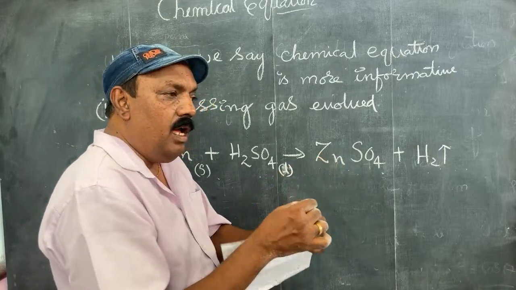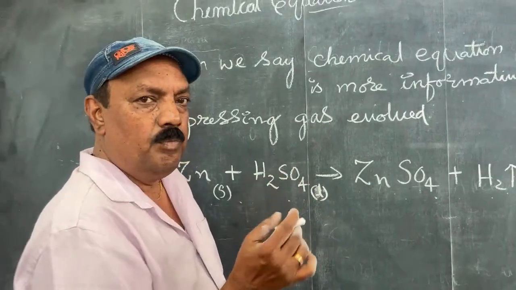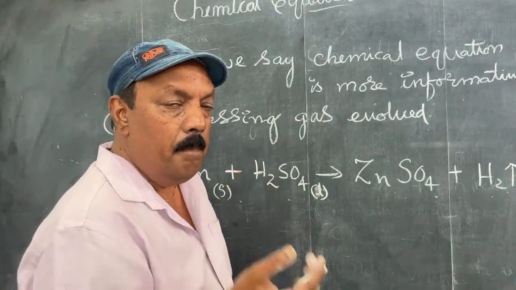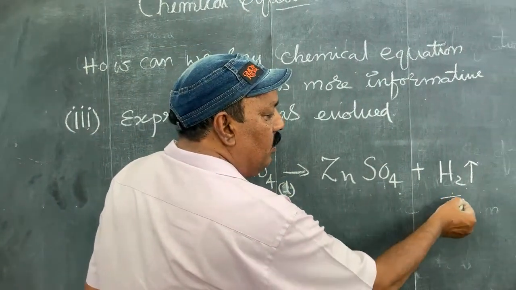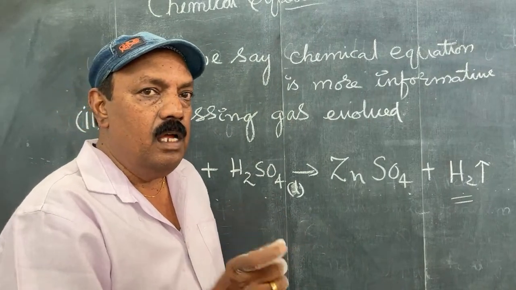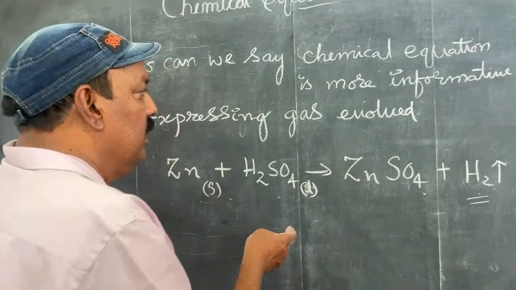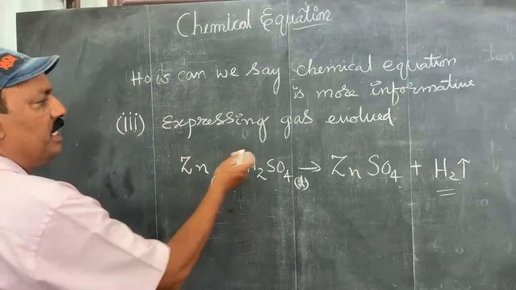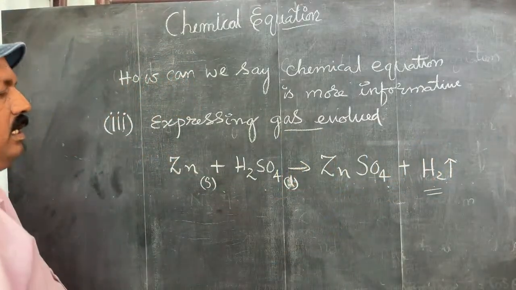The orange color flame is going to convert into blue color. Whenever it changes to blue color, with a pop sound, we can confirm that it is hydrogen gas. Only hydrogen gas can convert the orange flame along with the pop sound. So here the third information is whether gas is evolved or not. Yes, here gas is evolved.